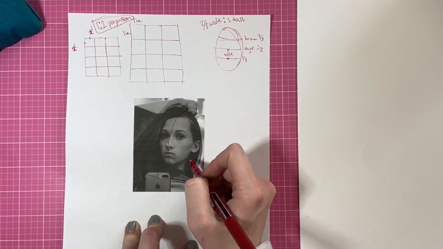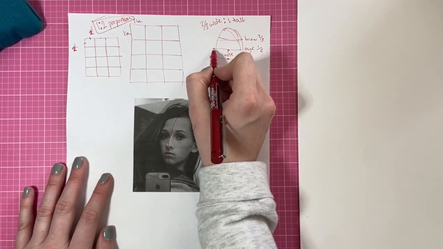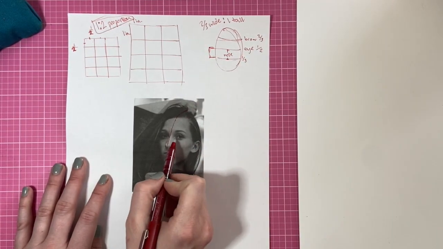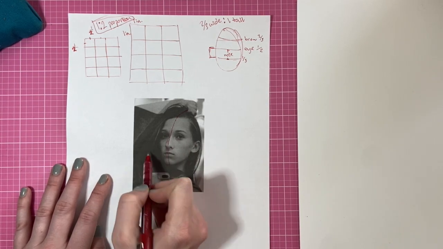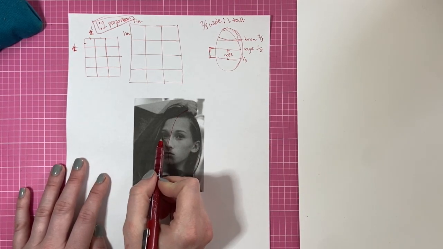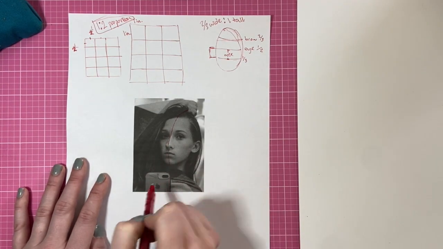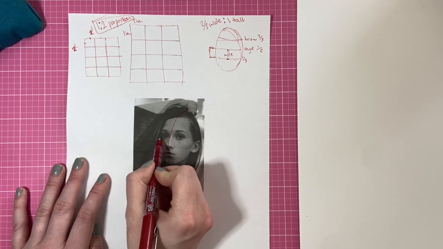Next, the ears also land between the eye line and the nose. Now, the top of her ear is way down here, so that shows me I'm actually angled up slightly, looking up at her head, or she's tilting her head back a tad.